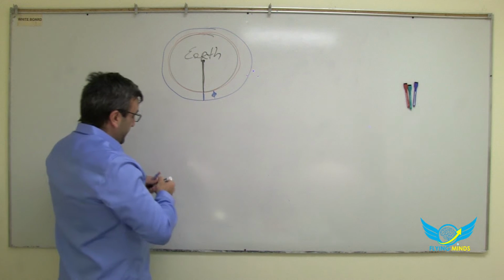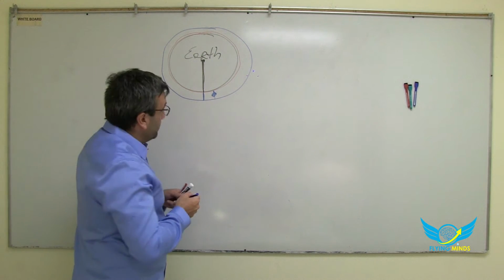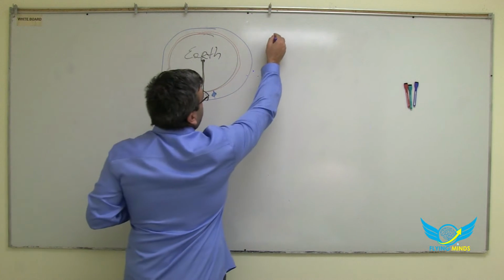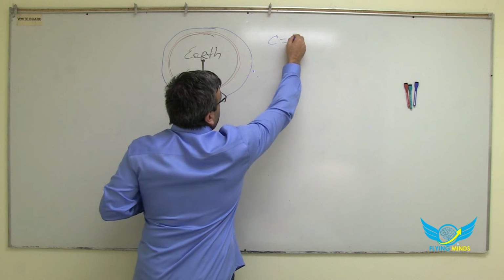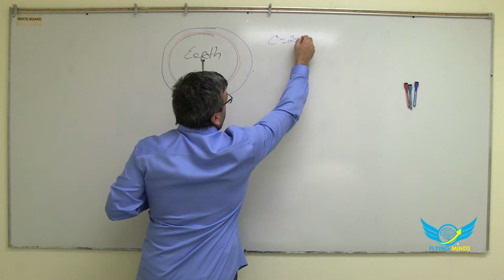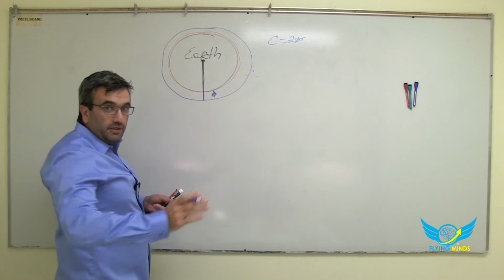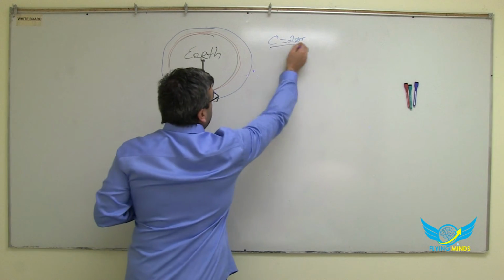So we know the formula for circumference, right? The circumference of a circle is 2 pi r. We've all been in school, we know this formula.